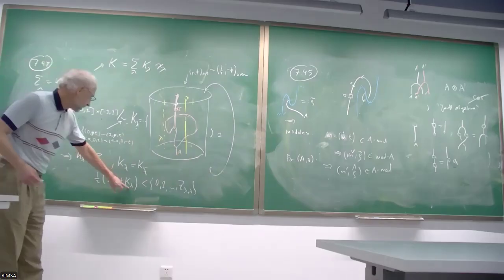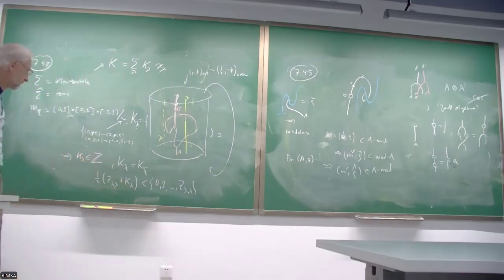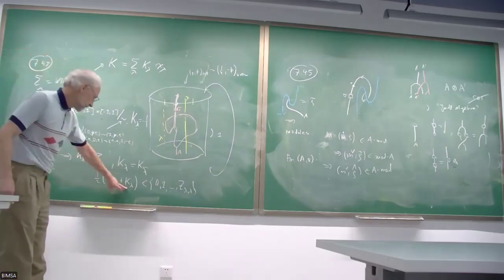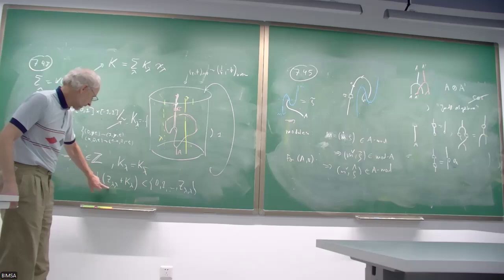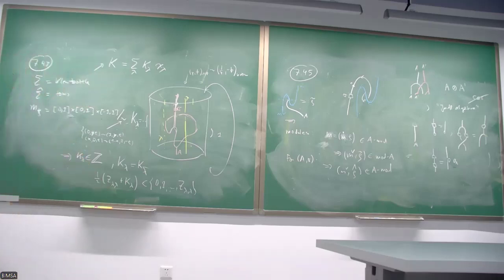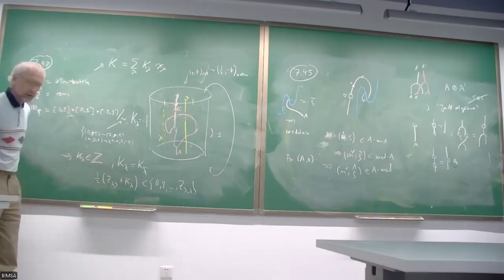So k lambda can be smaller than 0, but in absolute value it's not more than z lambda lambda, and also the difference between the two is an even integer, or the sum is an even integer.